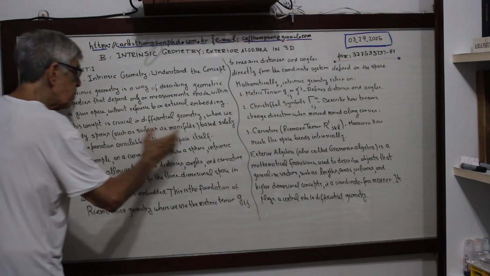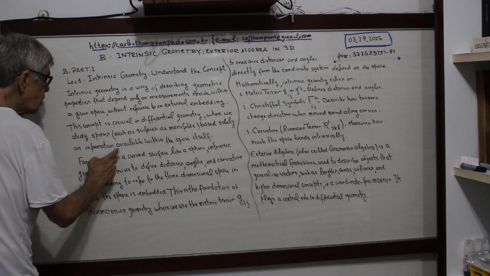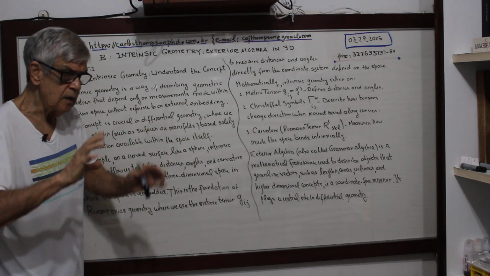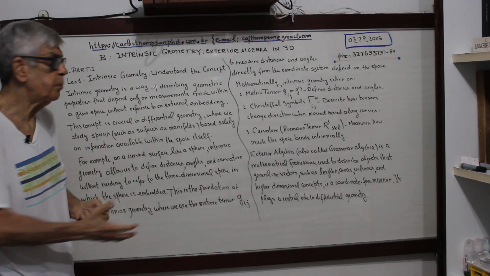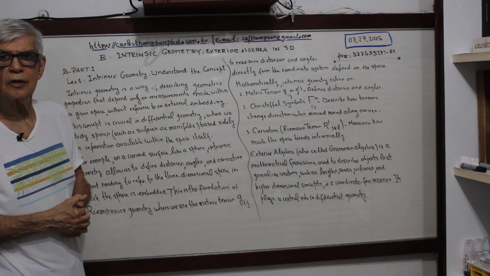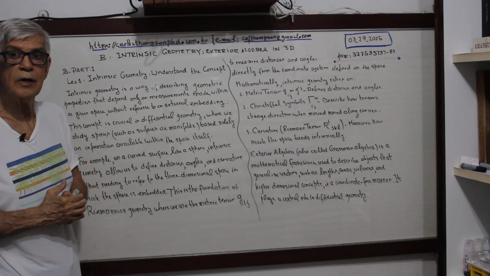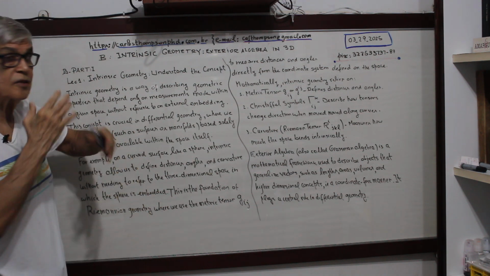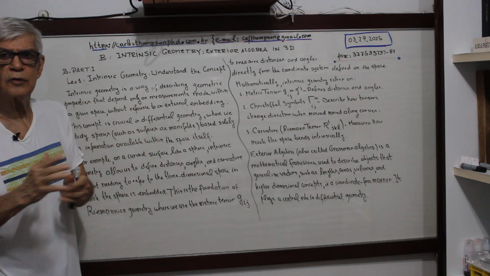These are based solely on information available within the space itself. You see, the exterior does not enter to play this game. The exterior space is related to extrinsic geometry.